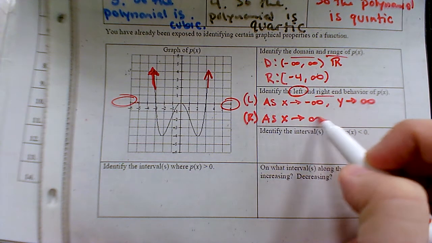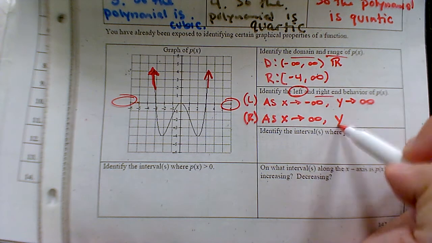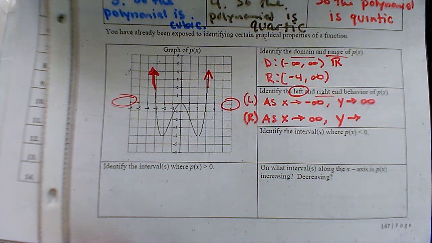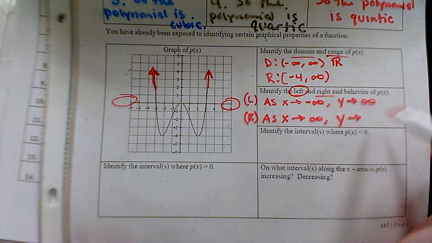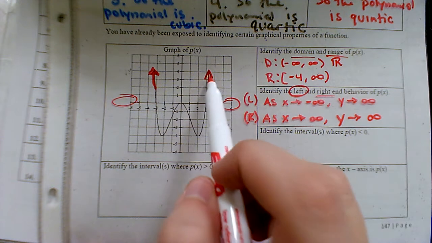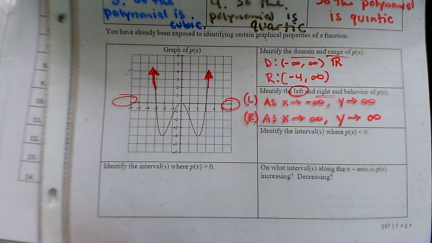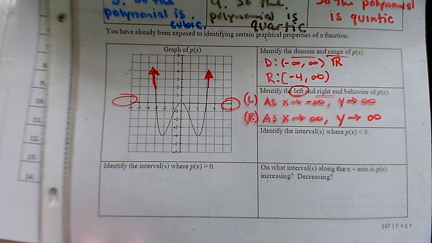So as the x's approach positive infinity, what do the y values do? How's the graph behaving? Yeah, it's approaching positive infinity as well. Yep. So far, so good. We hanging in there?